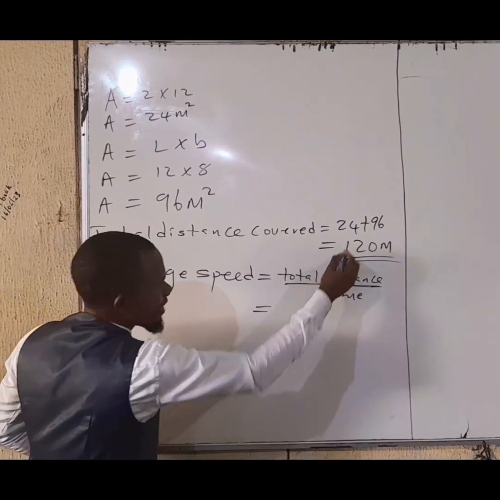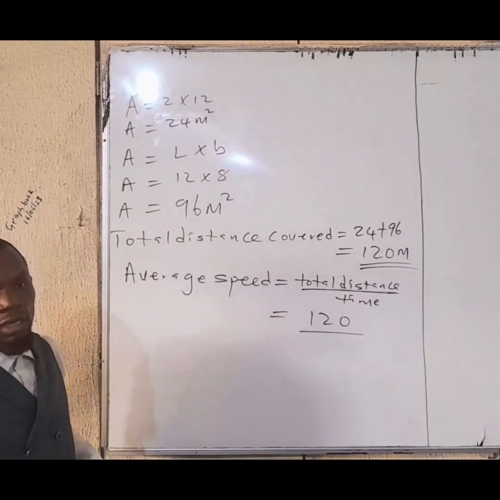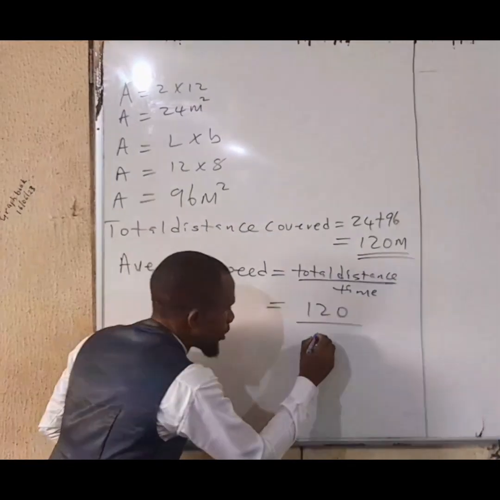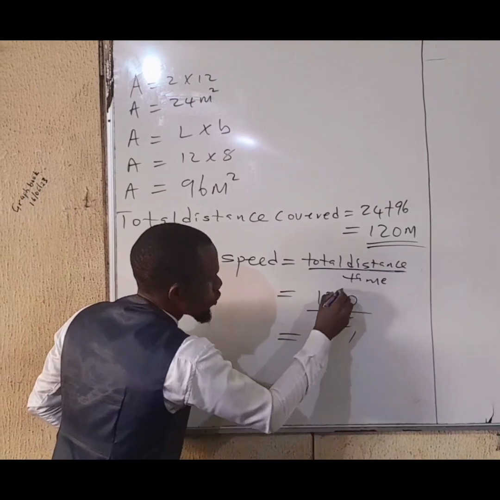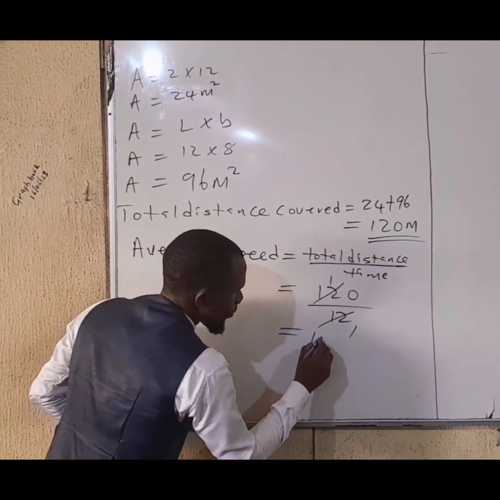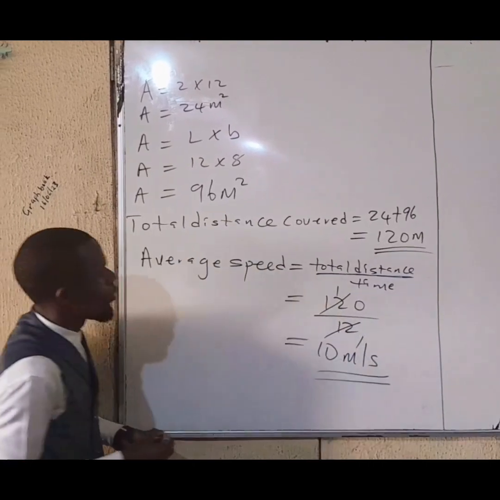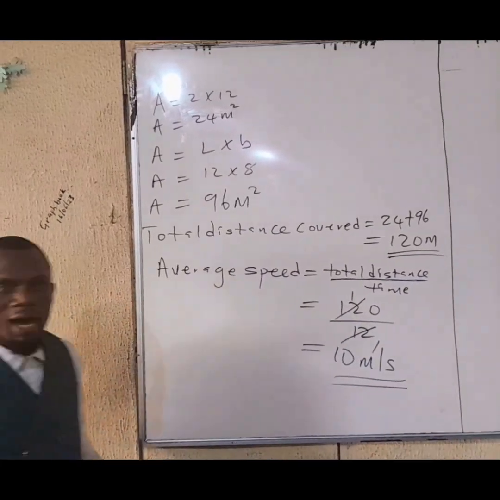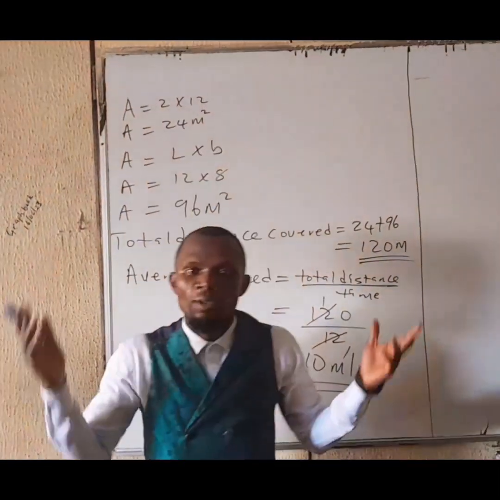My total distance has been solved, 120. And the time we asked to use is 12 seconds. So that's 120 over 12, which is 12 here 1, 12 here 1. So I have 10 meter per second. So this is my average speed covered in 12 seconds.